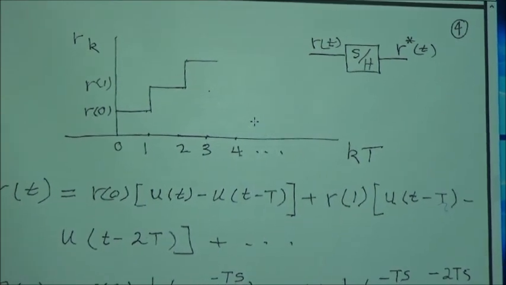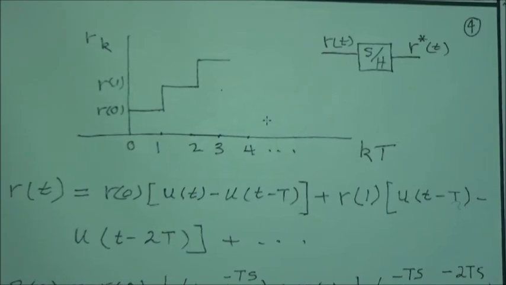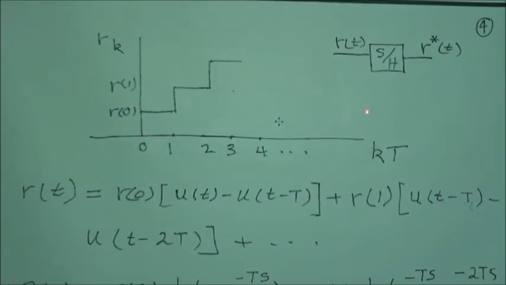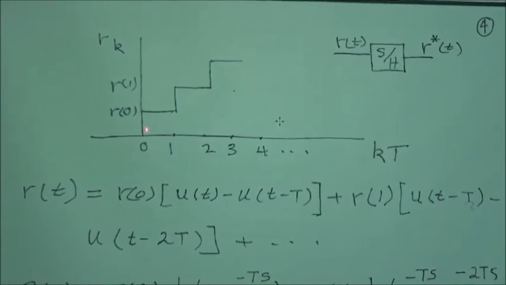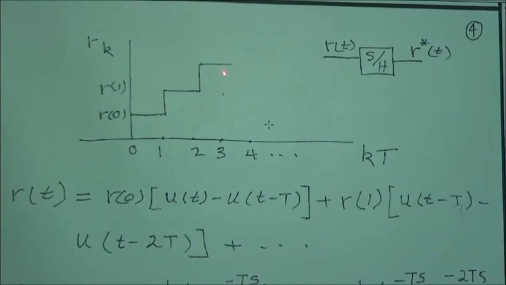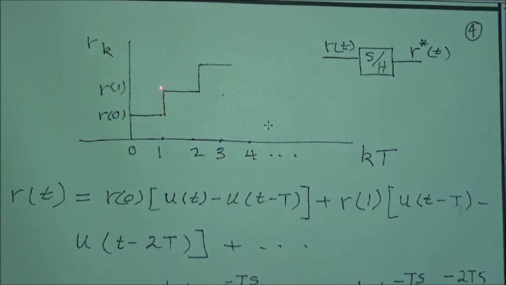As you know, when you have a continuous time signal and you sample it, you get a bunch of pulses. But you have to find a mechanism to hold that sample until the next sample shows up. And so you have what we call a staircase signal.